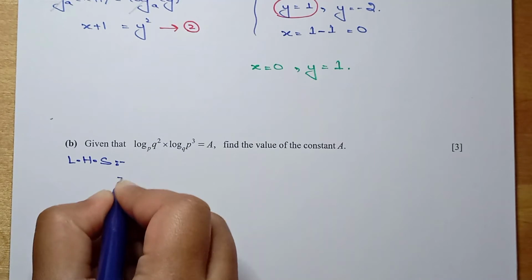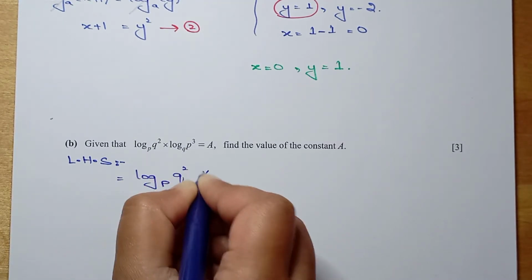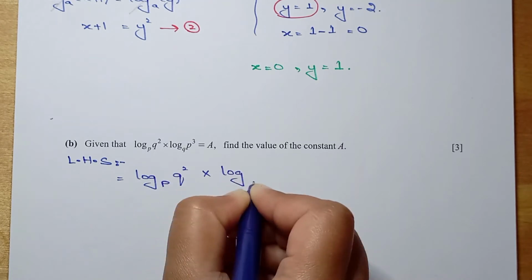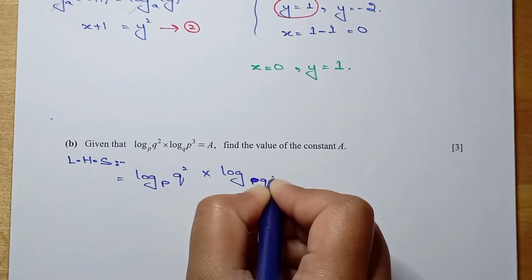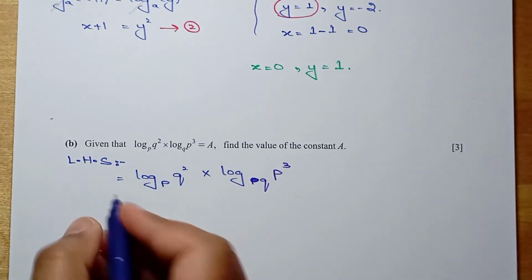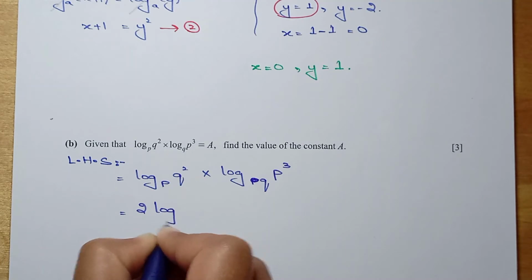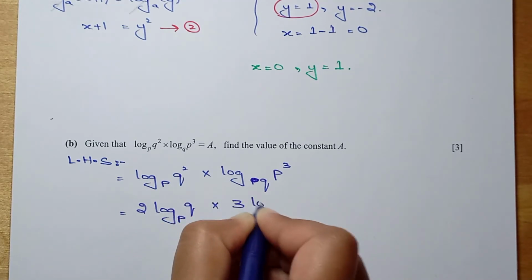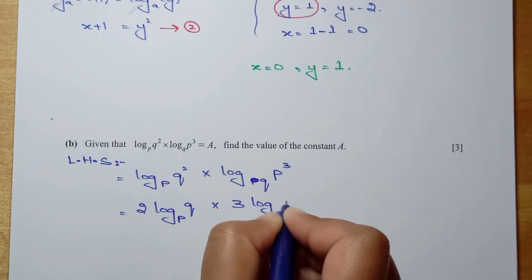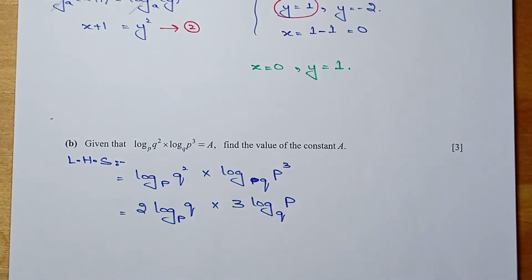So we have log p q square times log q p cube, right? So I can write this as 2 log p q times 3 log q p, right? I just shifted the power before the log. Okay, now here we can use the change of base formula.